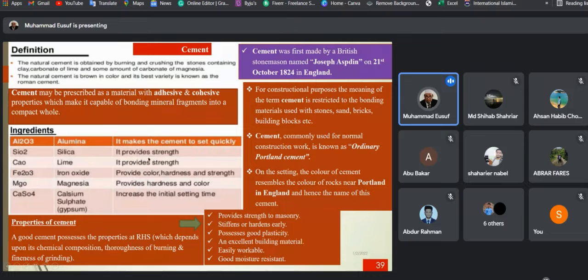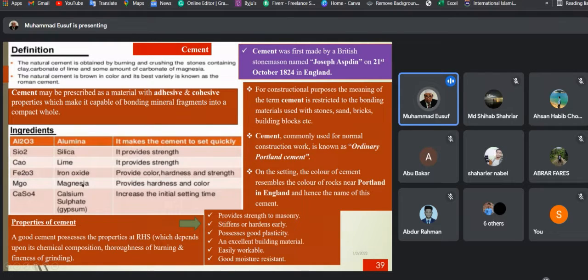CaO, calcium oxide, lime, it provides strength. Fe2O3, iron oxide, hardness and strength.